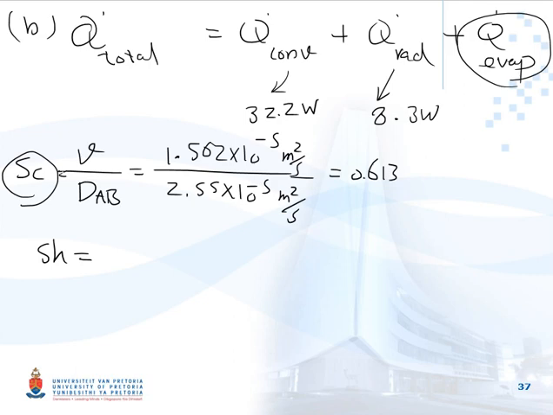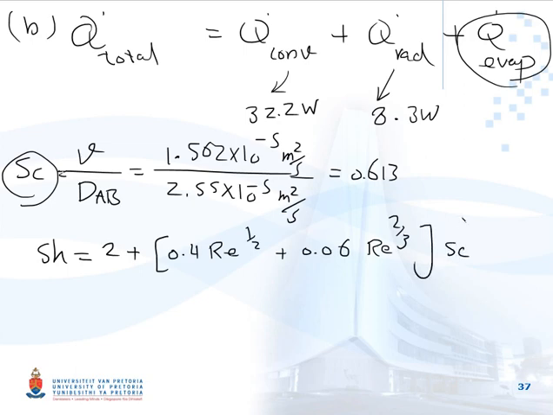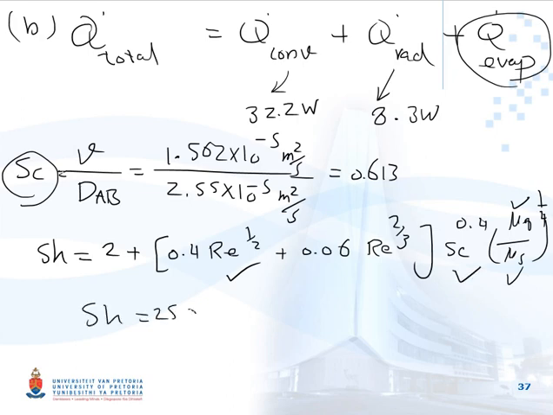So it will be 2 plus 0.4 Reynolds to the power of 1 over 2 plus 0.06 Reynolds to the power of 2 over 3, times Schmidt to the power of 0.4, times mu infinity over mu s to the power of 1 over 4. We have the Reynolds number, everything is the same, just Schmidt has changed, so the Sherwood number will be 250.